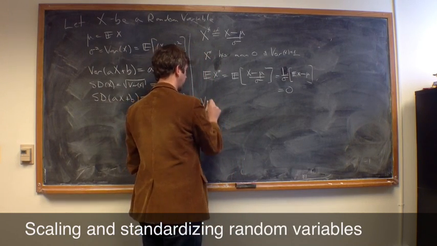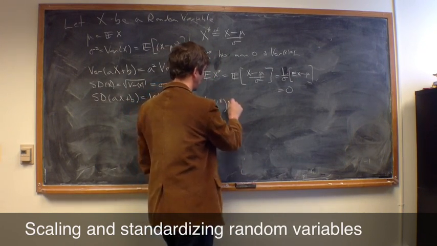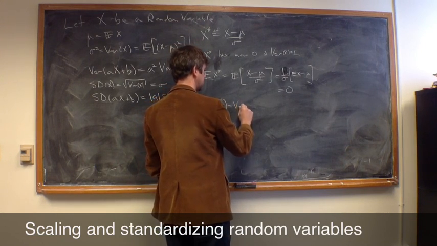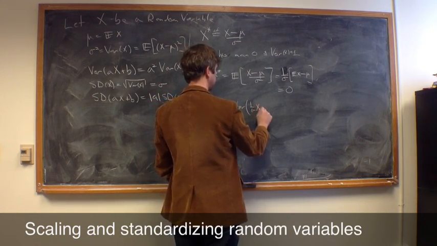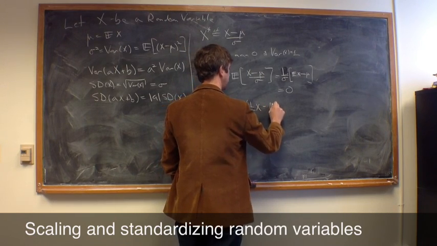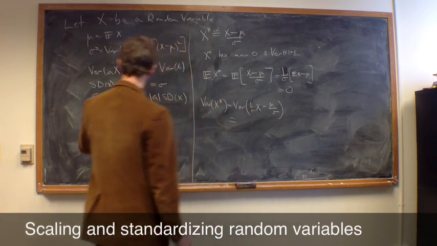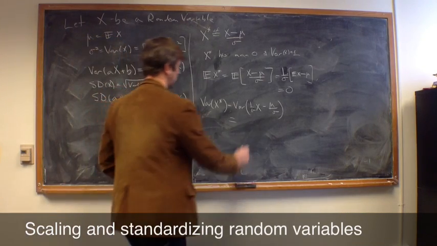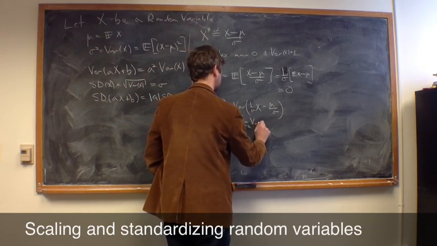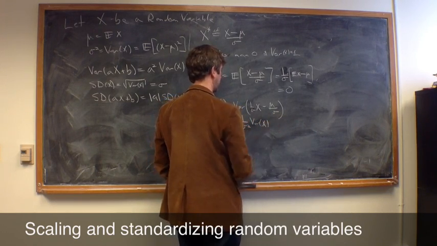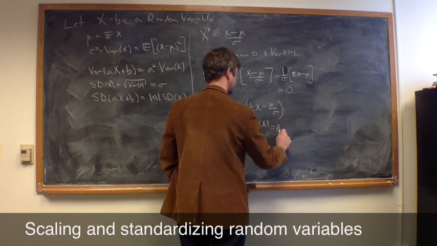Similarly, if I write the variance of x star, that's the variance of 1 over sigma times x minus mu over sigma. Using this property here, we can pull this out and we get it squared, sigma squared times the variance of x, and this doesn't matter. And since the variance of x was sigma squared, this is just 1.